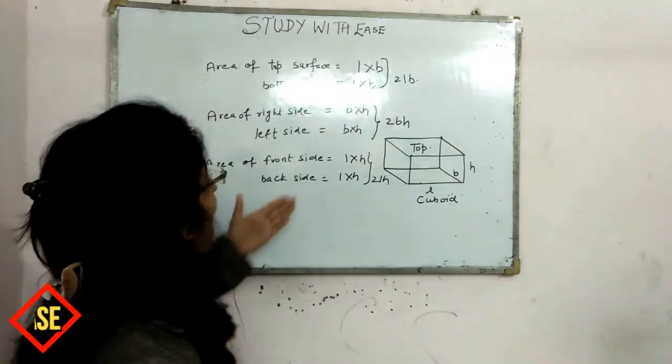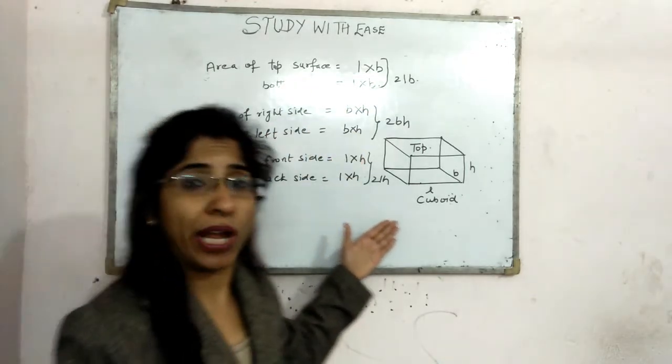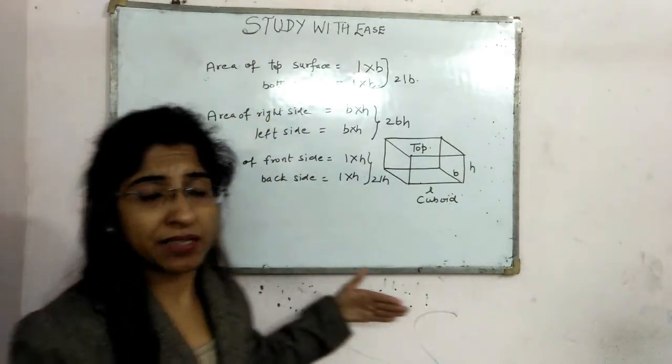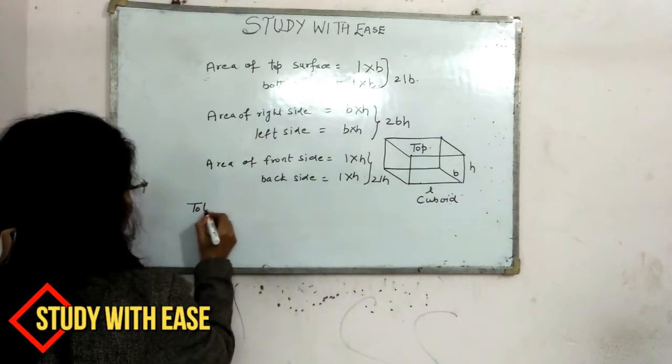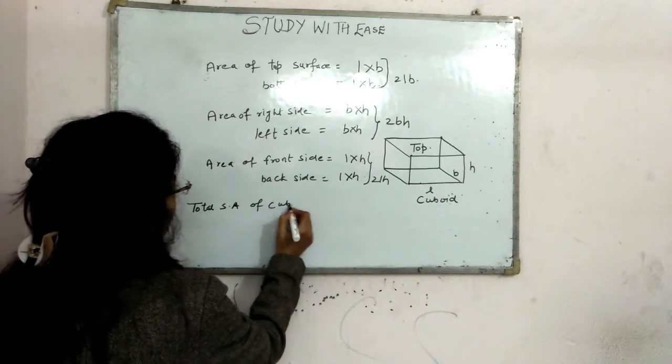You can see that we are getting 2LB, 2BH and 2LH. If I join all these 6 surfaces' areas, I will get the total surface area of the cuboid.